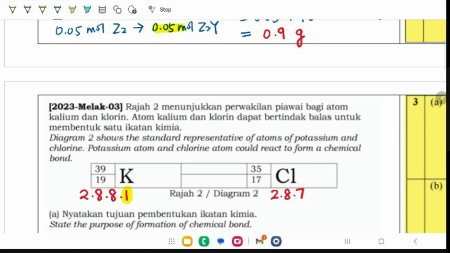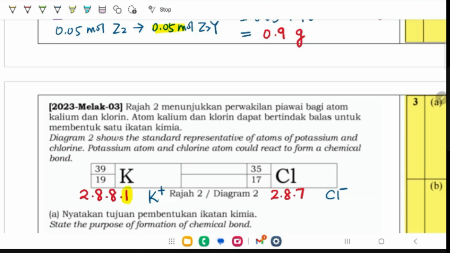Then it will form K positive. Then one chlorine atom receives or gains one electron. So it will form Cl negative.